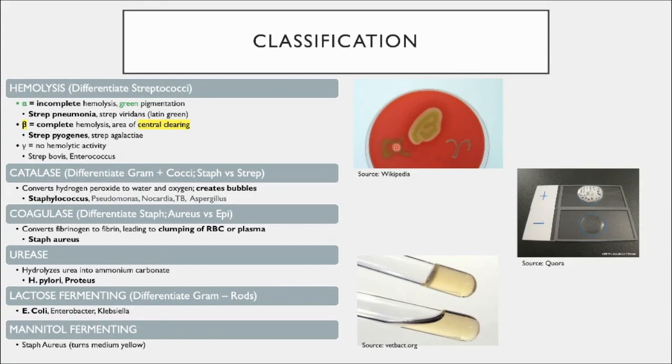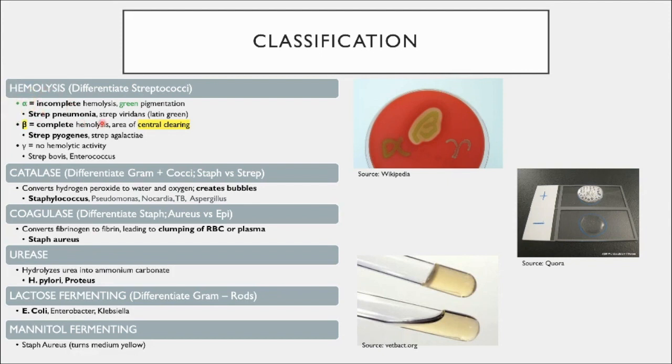Instead, you'll get partial hemolysis, and so you don't see a complete clearing. You'll just see this green discoloration where the bacteria are actually growing. These make up your strep pneumoniae and strep viridans. One way I always remember that is that viridans is Latin for green, so it forms that green pigmentation. It's very important to keep the strep pneumoniae association with alpha hemolytic strep.